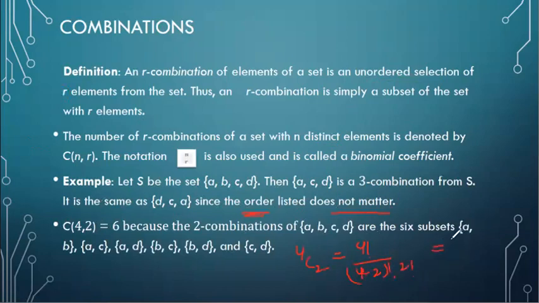So 4 factorial will be 4 into 3 into 2 factorial by 2 factorial and 2 factorial. So this will give you the solution 6. And whenever you're taking two-combinations from this set which has 4 elements, the combinations will be AB, AC, AD, BC, BD and CD. Now over here, if you take AB or BA, both of them mean the same thing and they are counted as only one. Okay, so that is the combination example.